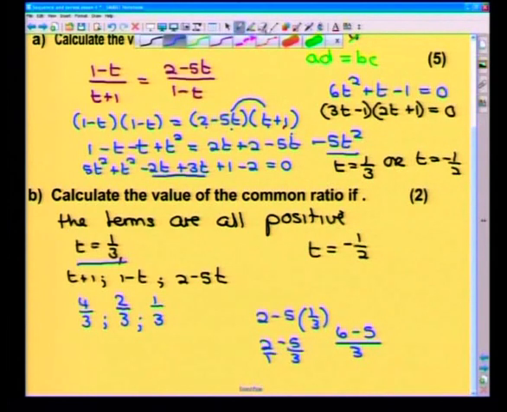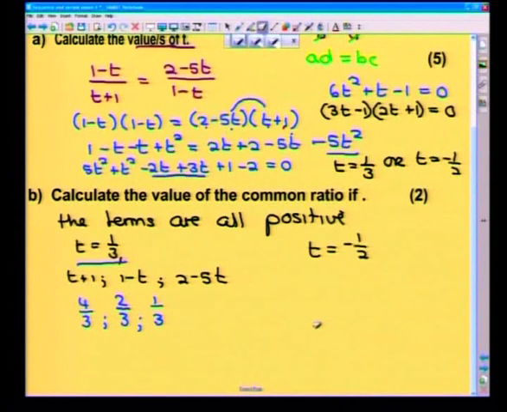Now, if we look at this, do you agree with me that all the terms are positive? So this is probably the one they want me to work with, but let's make sure and work out the other one. Now, in this case, if t is minus a half, we've got minus a half plus 1, which is a half. The next term would be 1 minus minus a half, which is also positive.